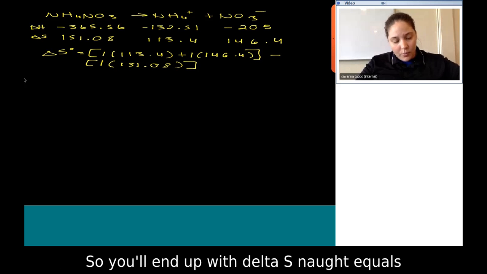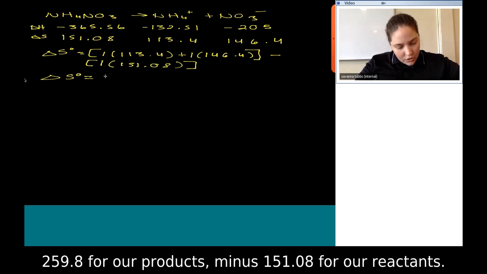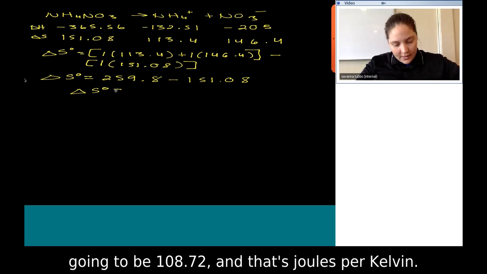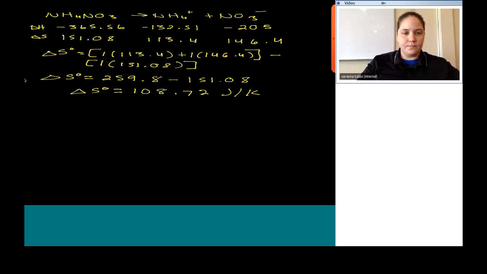So you'll end up with delta S naught equals 259.8 for our products minus 151.08 for our reactants. So you subtract the 2, and your delta S naught is going to be 108.72, and that's joules per Kelvin.